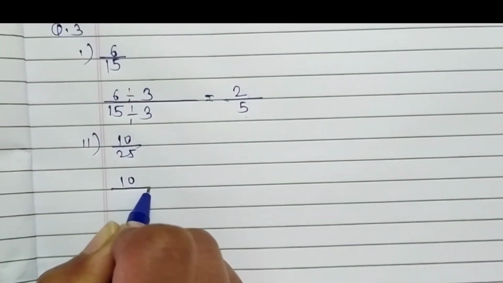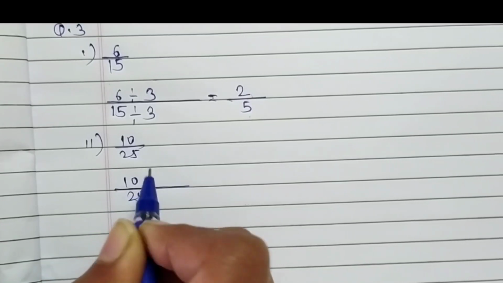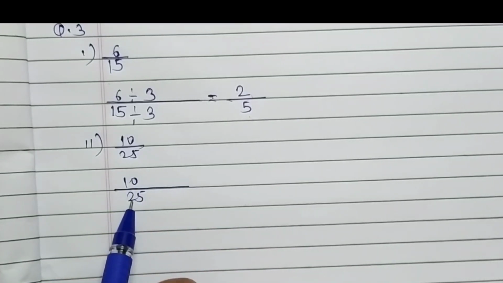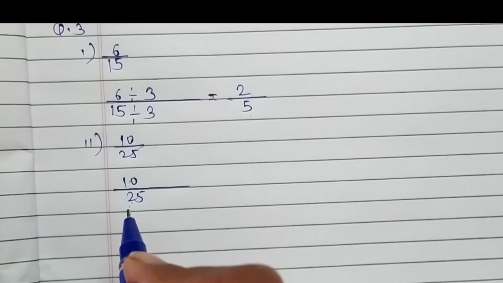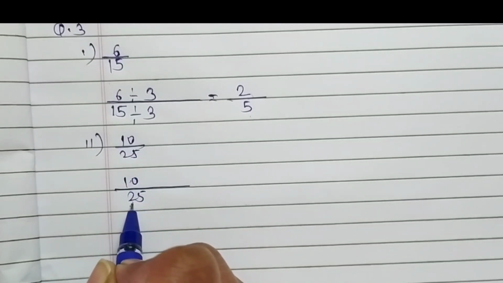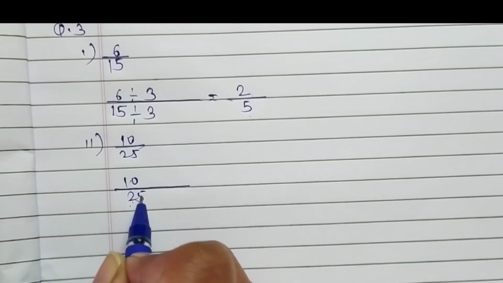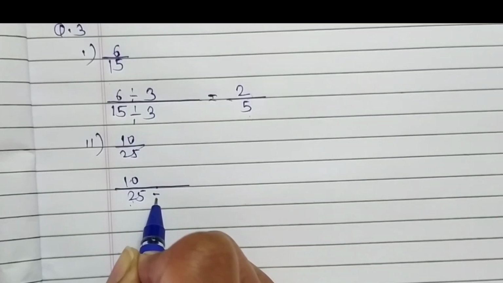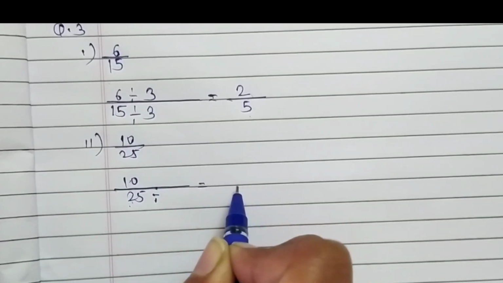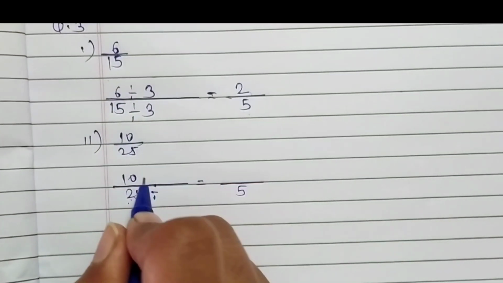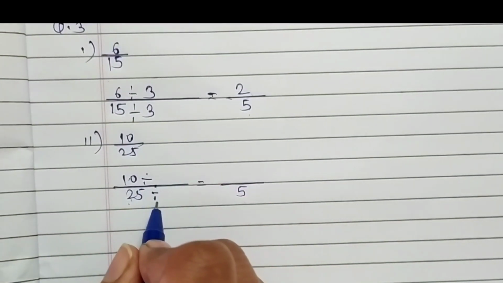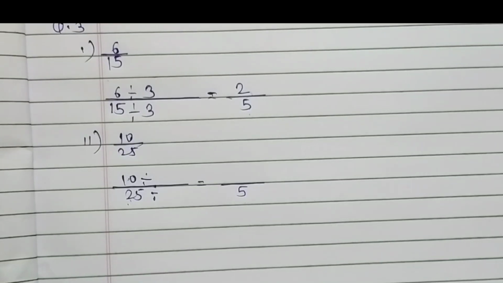The second fraction given here is 10 upon 25. Here the denominator is 25. Just ignore the numerator and consider the denominator, because they tell us to make the denominators 5. We have to divide 25 by some number so that the denominator is 5.